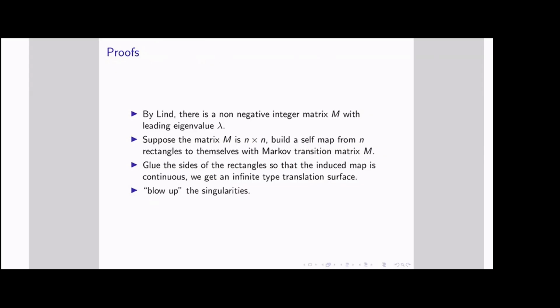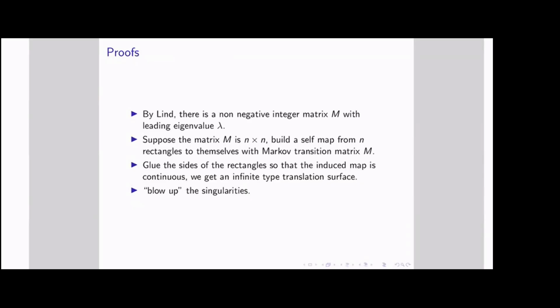Once we have written down this non-negative integer matrix, if the matrix is of size n by n, then we can construct a two-dimensional map as follows. We just build n rectangles, and then we chop them into smaller rectangles vertically. For each of the thin vertical rectangles, we stretch horizontally and contract vertically, and then rearrange them together into n rectangles like before.